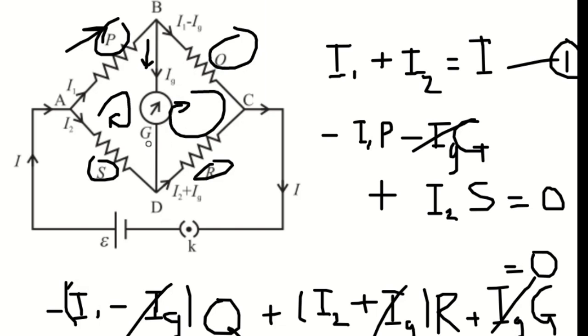So the principle of the Wheatstone bridge is to find the resistance R in such a way that the current through the galvanometer becomes 0, and hence at that condition, we can calculate S using the formula P by Q is equal to S by R.